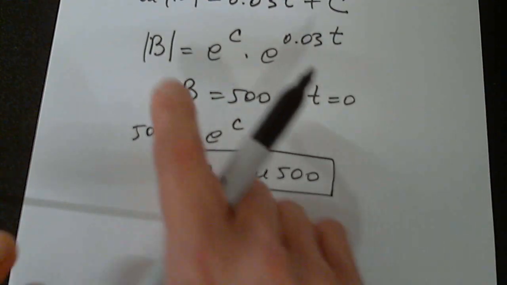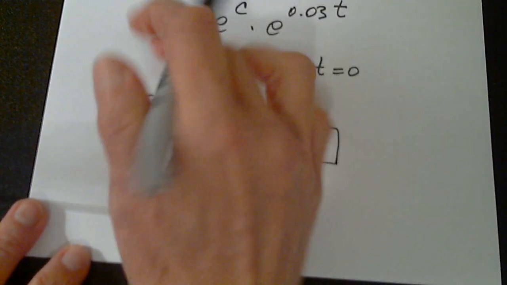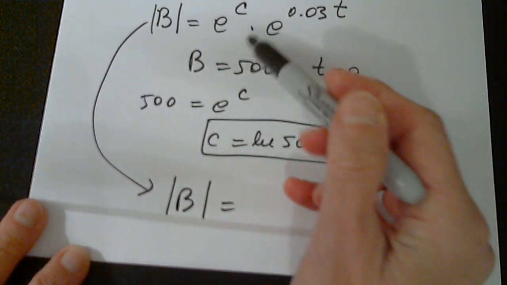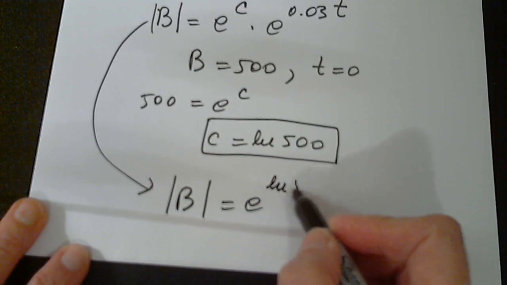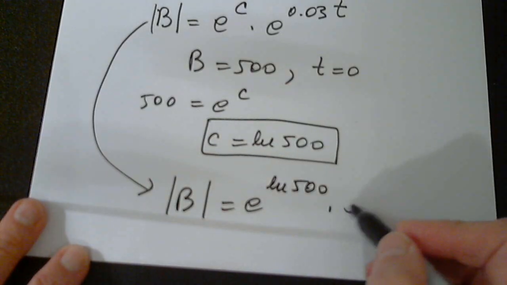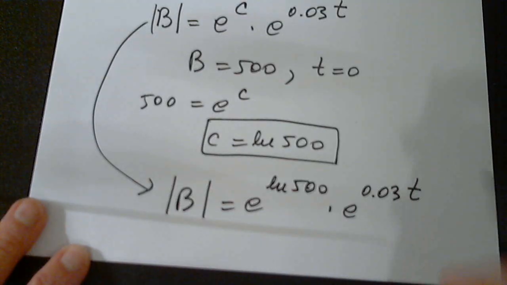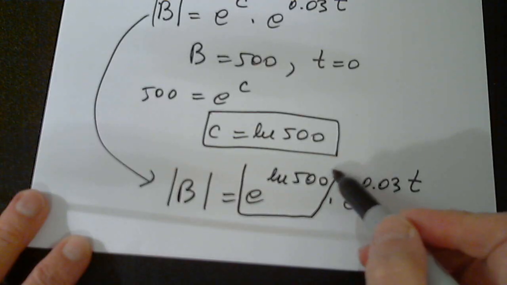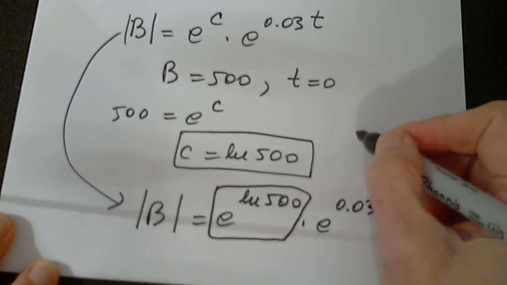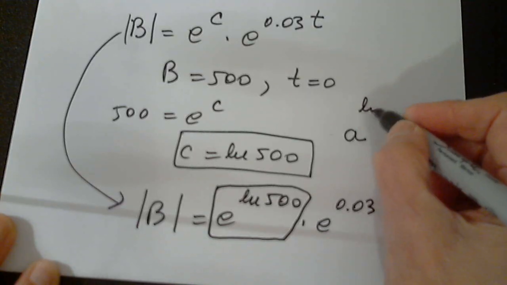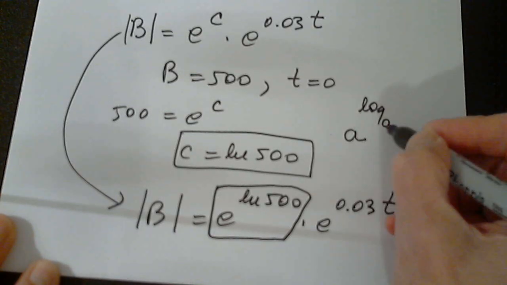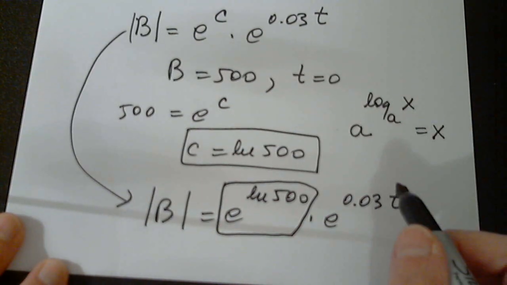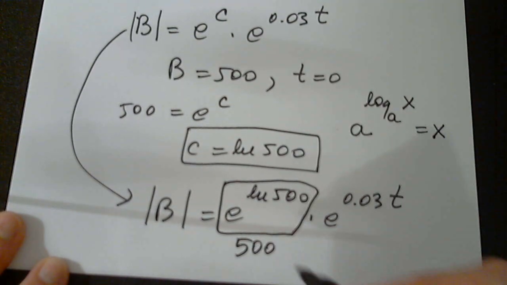So then I have the absolute value of b. I'm just going to copy this here one more time. So the absolute value of b equals e to the constant, e to natural log of 500, multiplied by e to 0.03 t. Now, there is another rule that we discussed some time ago. A base raised to the log of the same base of x is x, which means that this is 500.